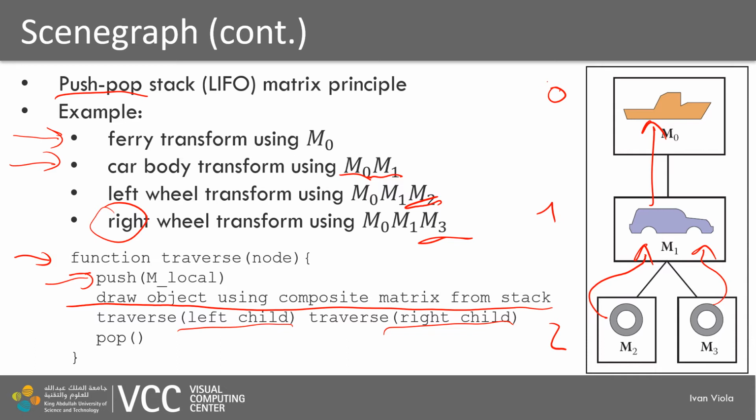And then in recursion, the same push operation will be there, and they will push their own local transformations. Once we dive out from the recursion, we pop so that we can free up, delete the local operations which were performed for the children and for our current position.